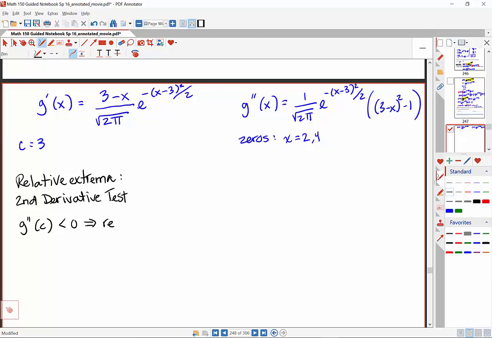You remember? So you're curving downward, so it'd be a relative max. And g double prime at c greater than 0 would imply a relative min, because you're curving upward where the extrema is. So hopefully we won't get that it's equal to 0, because then we'd have to just run the first derivative test anyway. Okay, so now let's do it.